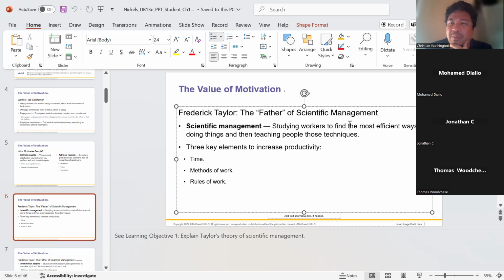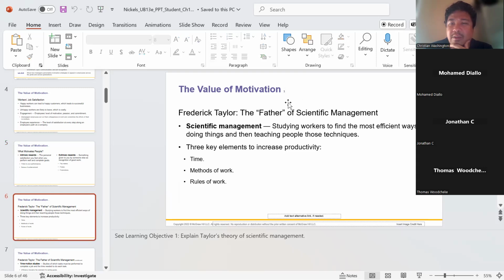He was focused on productivity, sort of like the science of management. Understanding, you have employees, what makes them tick, right? How can I get them to learn new things? So he broke it down into three elements to increase productivity: time, methods of work, rules of work.